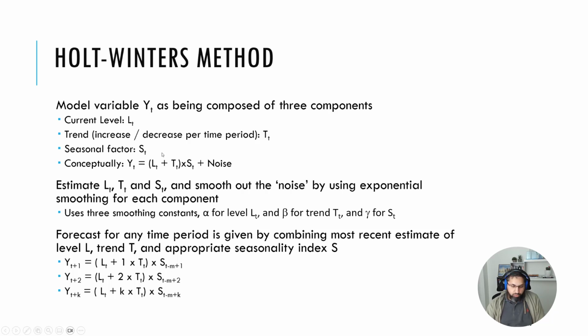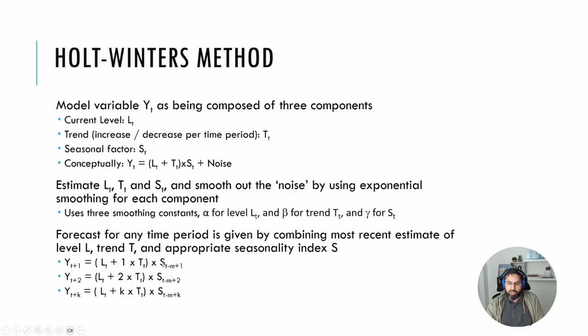What we do have to realize is when we are forecasting the future, Y(t+1) is going to be level plus trend times the appropriate seasonal factor. So if Y(t+1) is March, it has to take the seasonal factor for March, not something else.